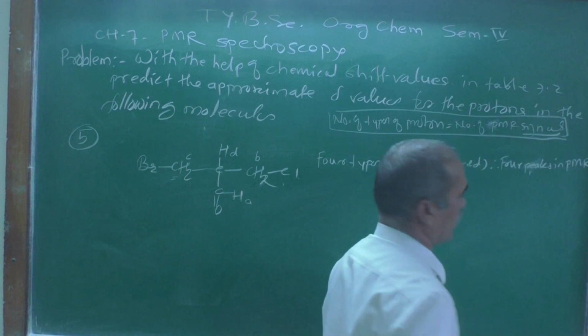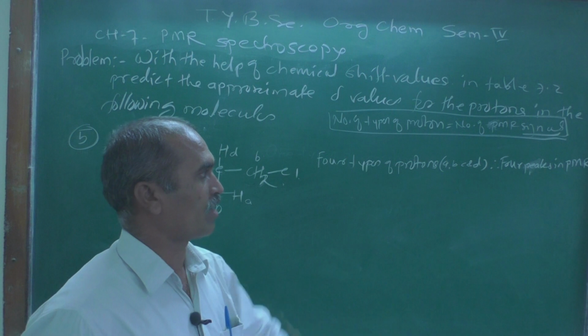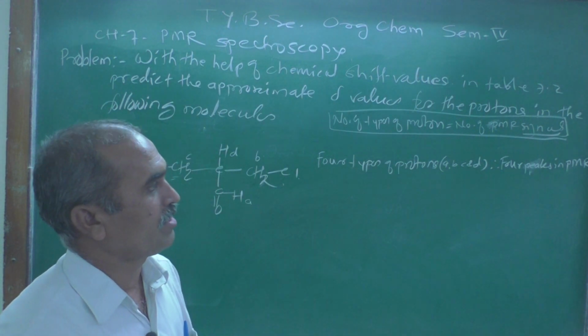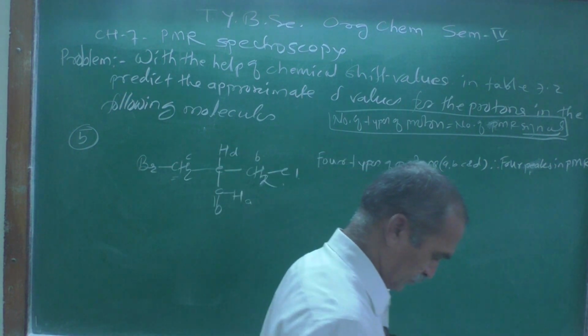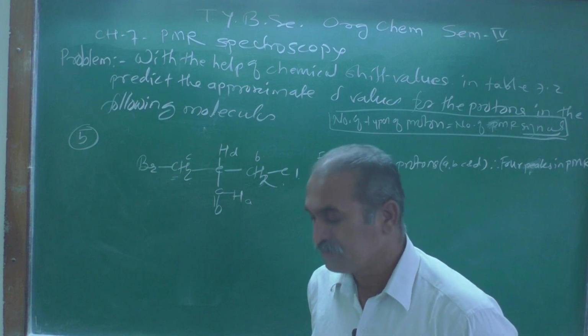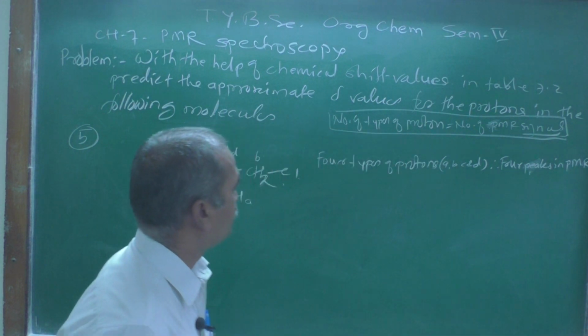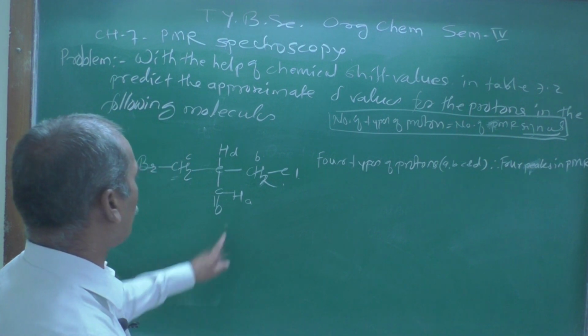That's it. So simple a sentence. 4 types of protons, A, B, C and D, and therefore 4 peaks in PMR. PMR means proton magnetic resonance. And now let us see here the A proton.